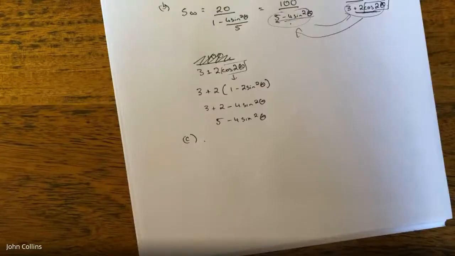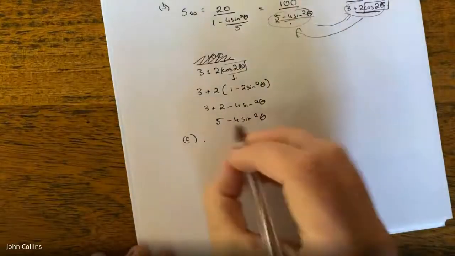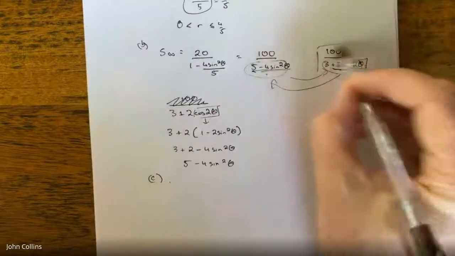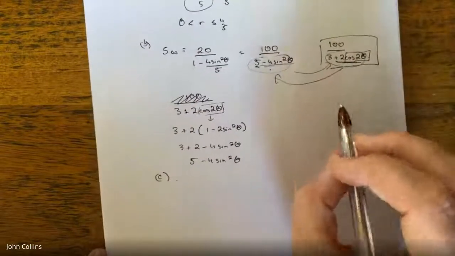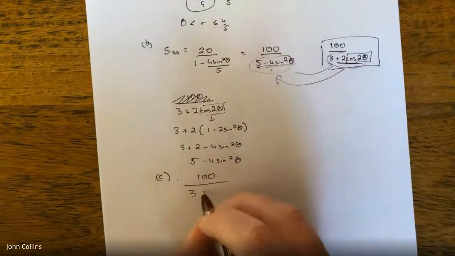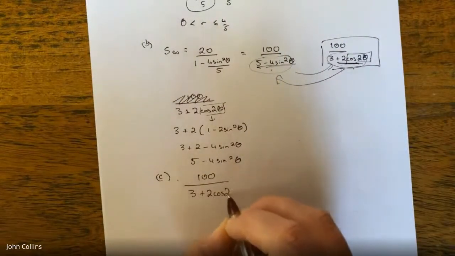I don't think theta can be negative if you look at the start of the question. Oh, right. So yeah, you're on the right track though. So if we look at this, we're going to use this one. They've done it this way for a reason. So we're going to look at this, 100 over 3 plus 2 cos 2 theta.